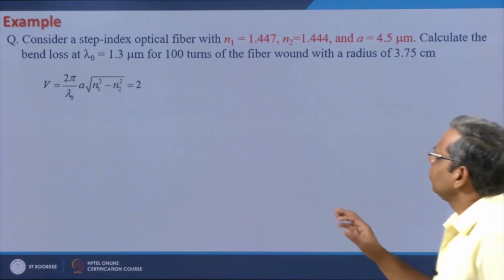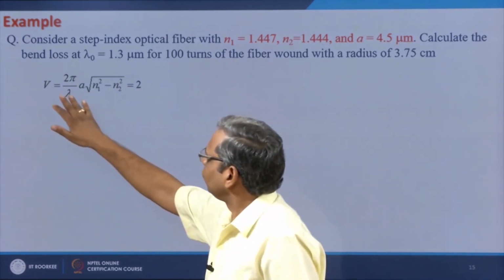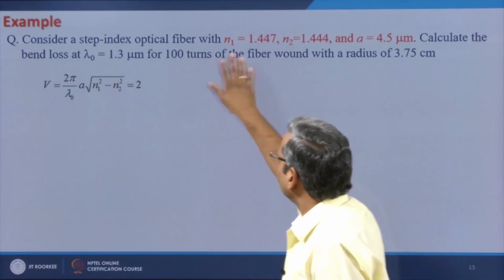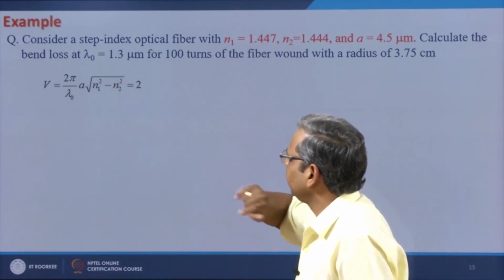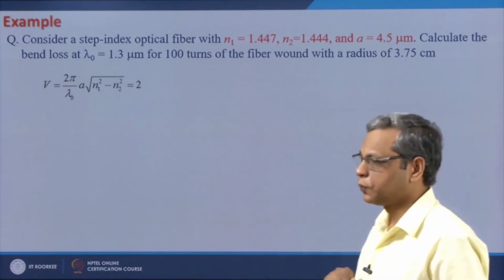So, I know that V can be calculated for these parameters by this formula, and if I calculate V, it comes out to be 2.